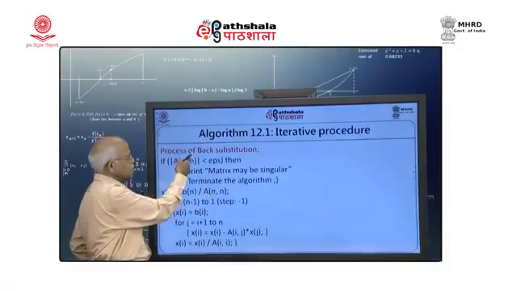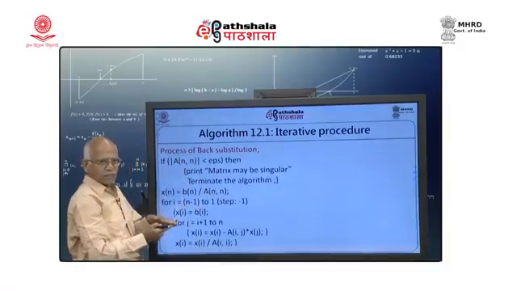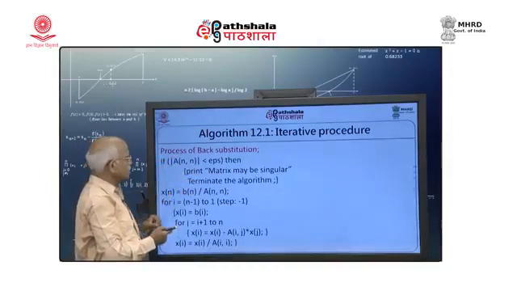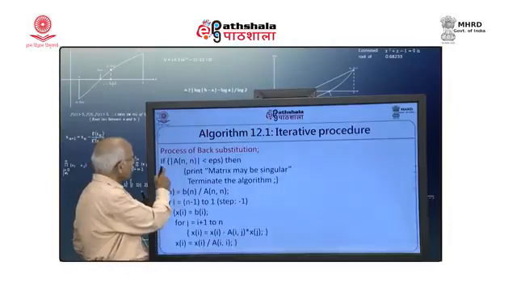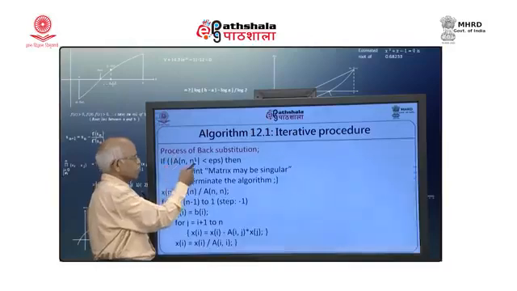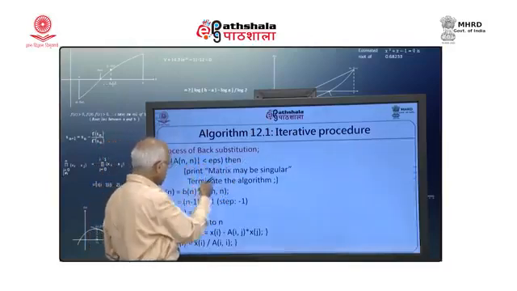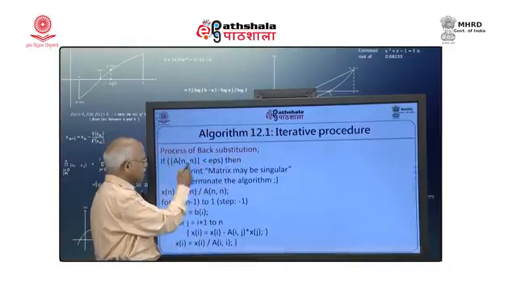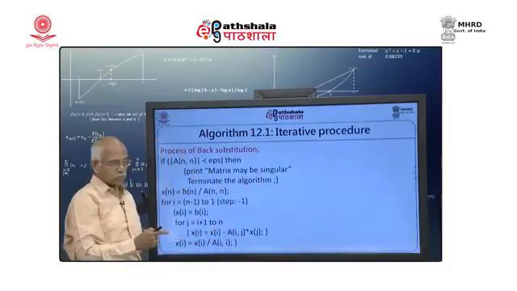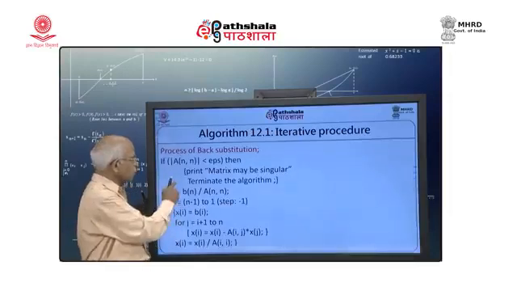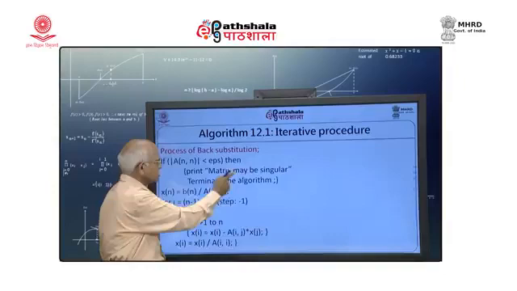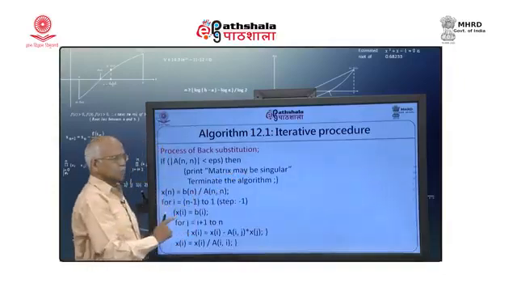When you have reached this stage, it means that I have not encountered any 0 element in the diagonal position up to the n minus 1 step actually, and if now mod a_nn in the last step becomes very small, then I will not be able to get this, and therefore I am saying print matrix may be singular, because this will happen only if the matrix is singular, and we terminate the algorithm.